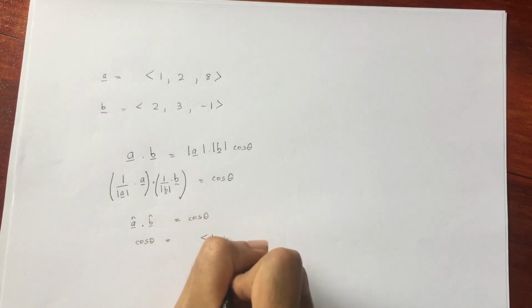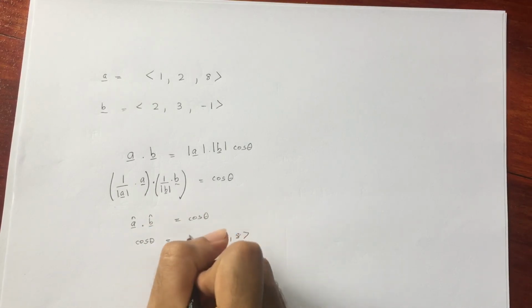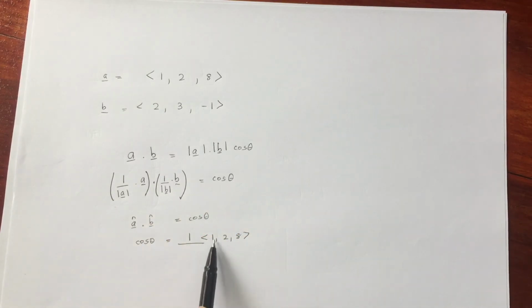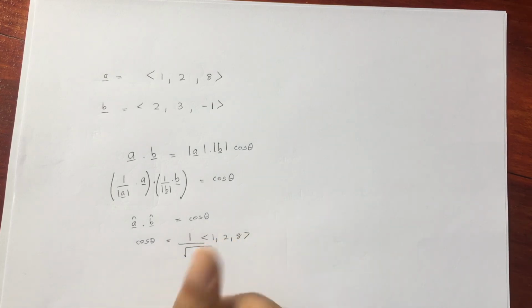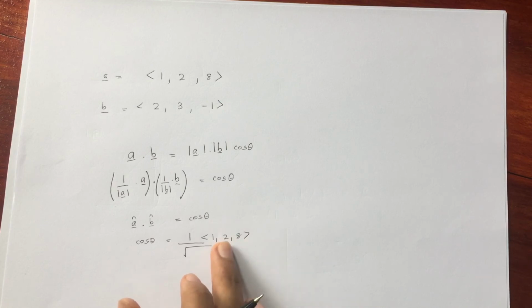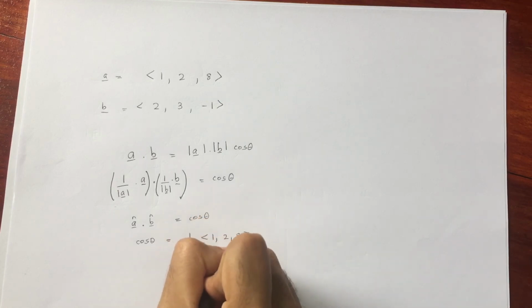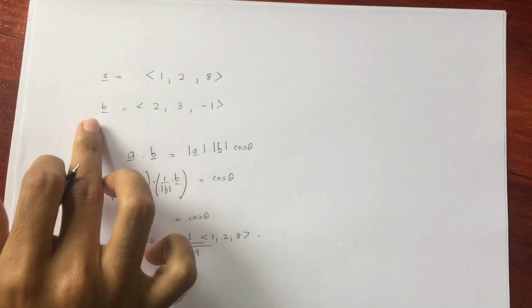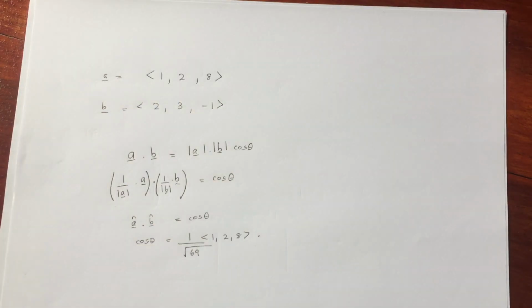We can write 1, 2, 8, and I need to find the square of these three numbers, add them up, and after that find the root. So it's going to be 1, 4, 64, 64 plus 4 is 68, 69. Likewise, I'm going to find the unit vector of the B vector.